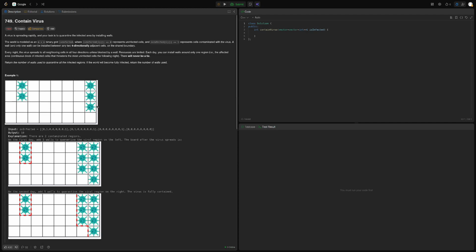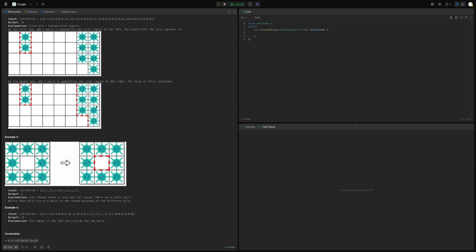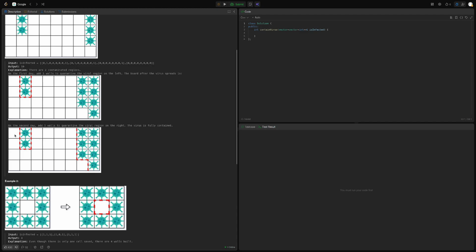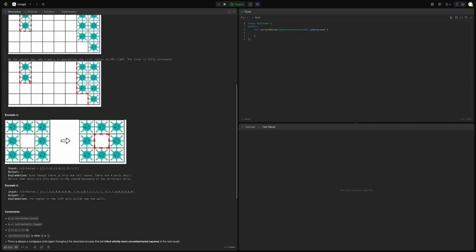So how do you choose if there are multiple regions? So this is 1, 2, 3, 4, 5, 6, 7, 8, 9 by 3, so it's like a 3 by 9. You got this shape and then a line, so the region on the left only builds 2 new walls.